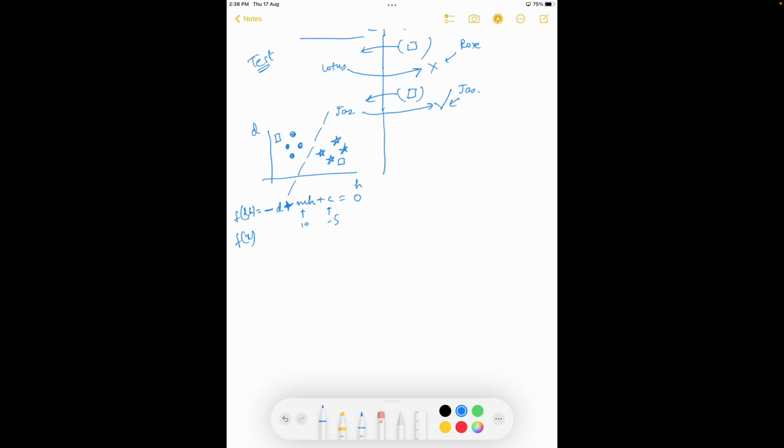Okay, now tell me f(x). Your point was good that if I take m as -10, c as +5, no, since it is -d, that point is not valid. Okay, tell me now, what is f(x) in the rose region? f(x) will be positive or negative?